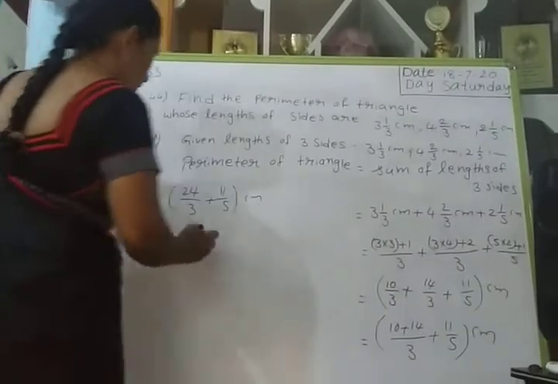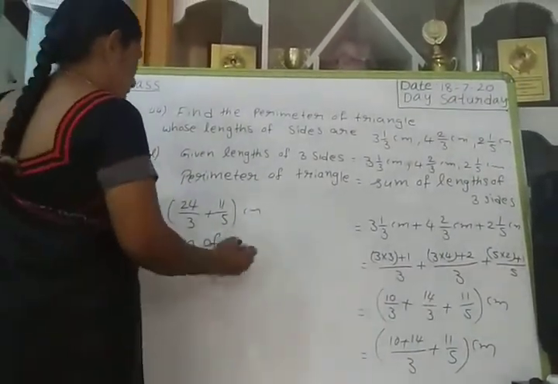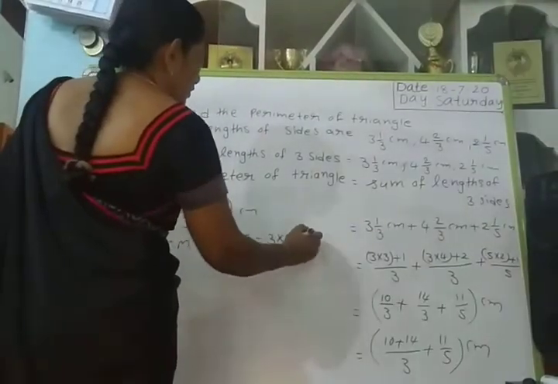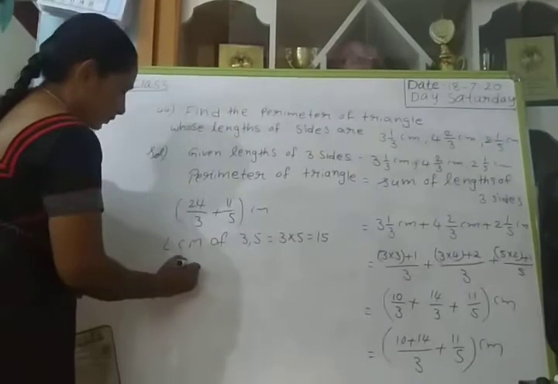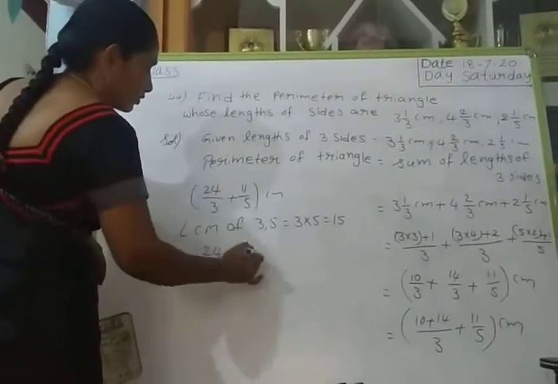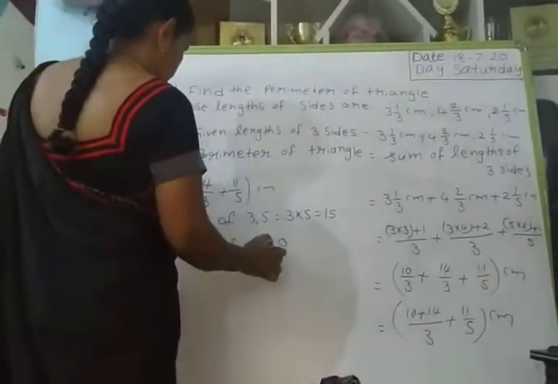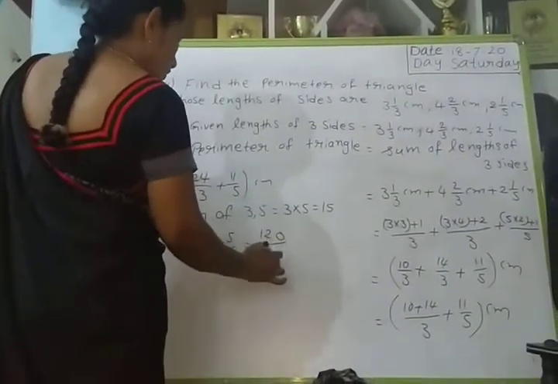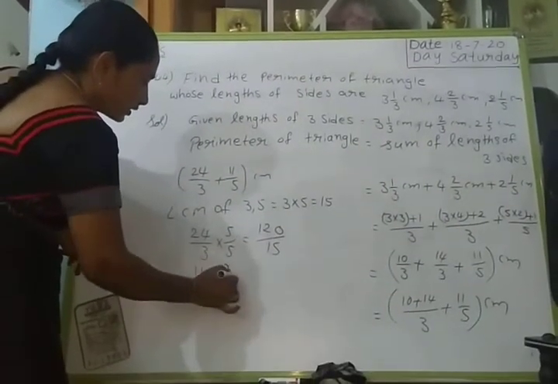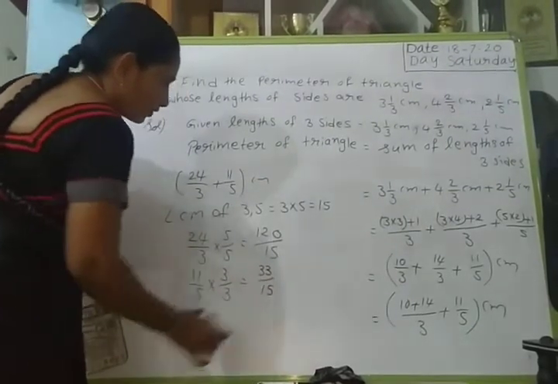Now these are unlike fractions. We have to find the LCM of 3 and 5. 3 5s are 15. So 24 by 3 into 5 by 5: 5 4s are 20, 5 2s are 10, so 120 by 15. 11 by 5 into 3: 11 3s are 33 by 15.